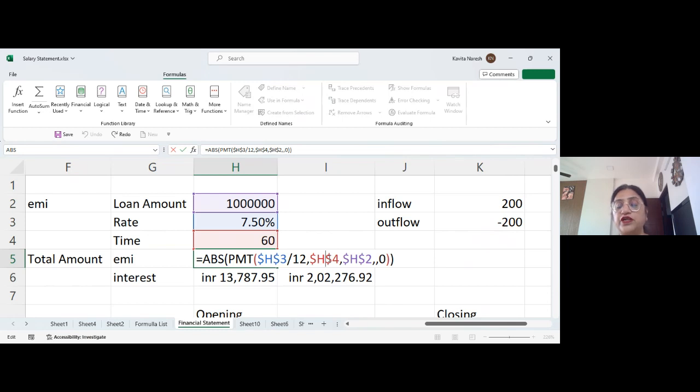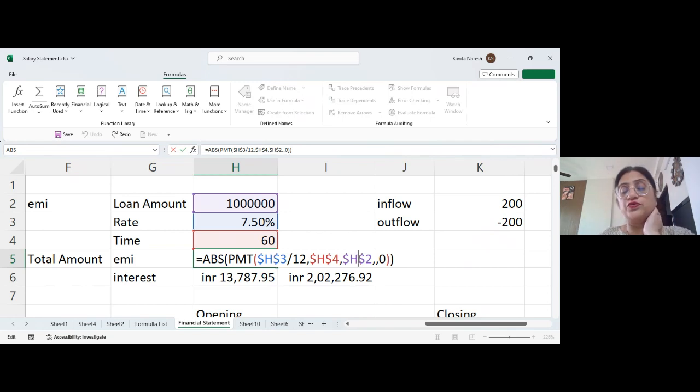So please make sure the arguments are clearly understood. N per is equivalent to time, whatever time I have mentioned here, and N per stands for number of payments. Now PV is the present value of our money, whatever loan amount we are taking or giving.